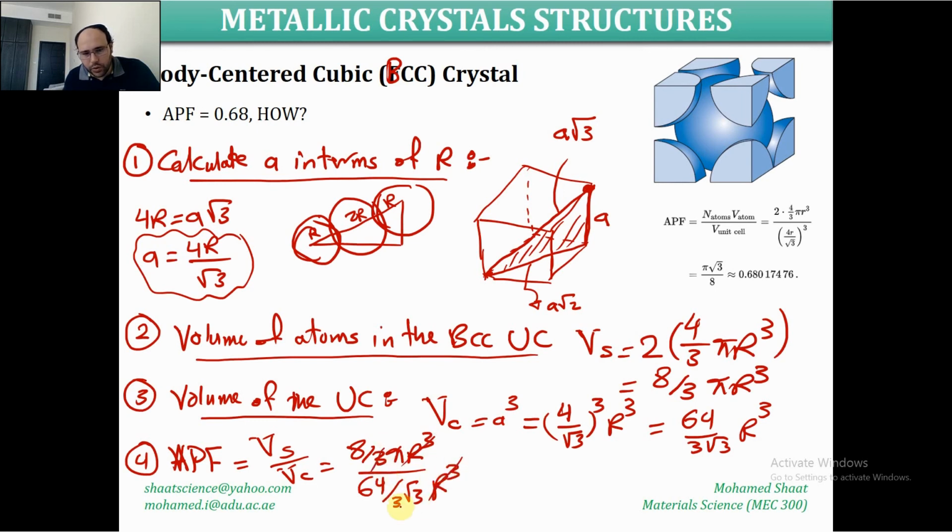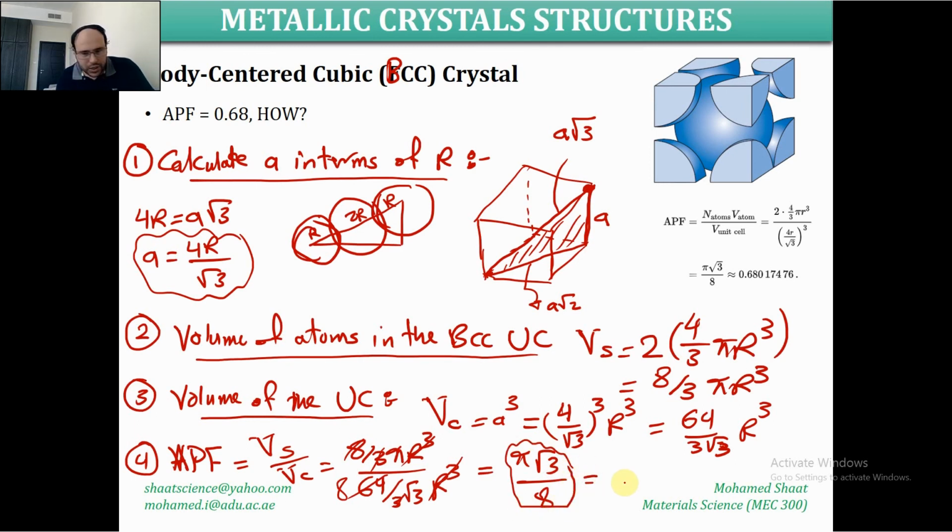The 3 definitely will be cancelled with the 3. The 8 will be eliminated with the 64 to give us 8 in the denominator. So this is going to give us 8 divided by square root of 3 in the denominator, and on the top we'll have pi. So this is going to give us pi times square root of 3 divided by 8, right? This is the exact value of the atomic packing factor for BCC crystal structure.